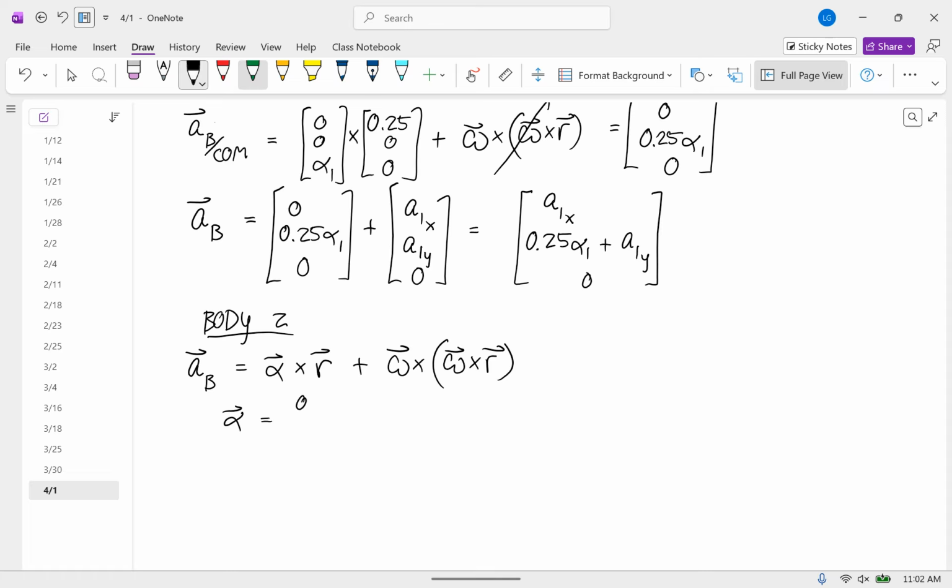Alpha is 0, 0, alpha 2. R is the vector from the center of the circular motion to the point we care about, so this is 0, positive 0.5, 0. Omega is 0.